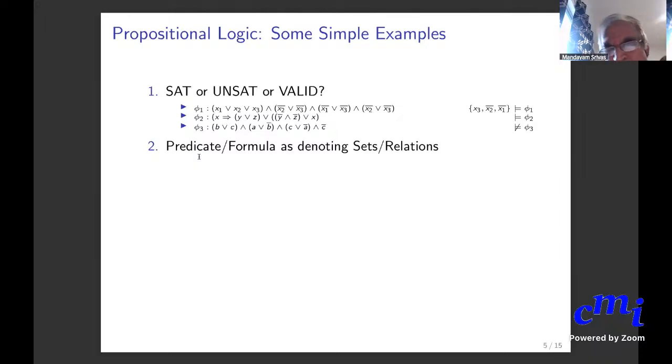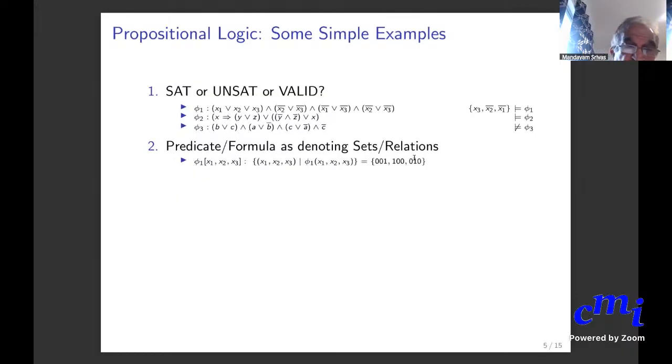A predicate is just a Boolean function, a function that maps its arguments to true or false. A formula can also be viewed as denoting sets and relations, and you can use these things interchangeably. Even people who are familiar with logic, I want them to be comfortable with this notion.